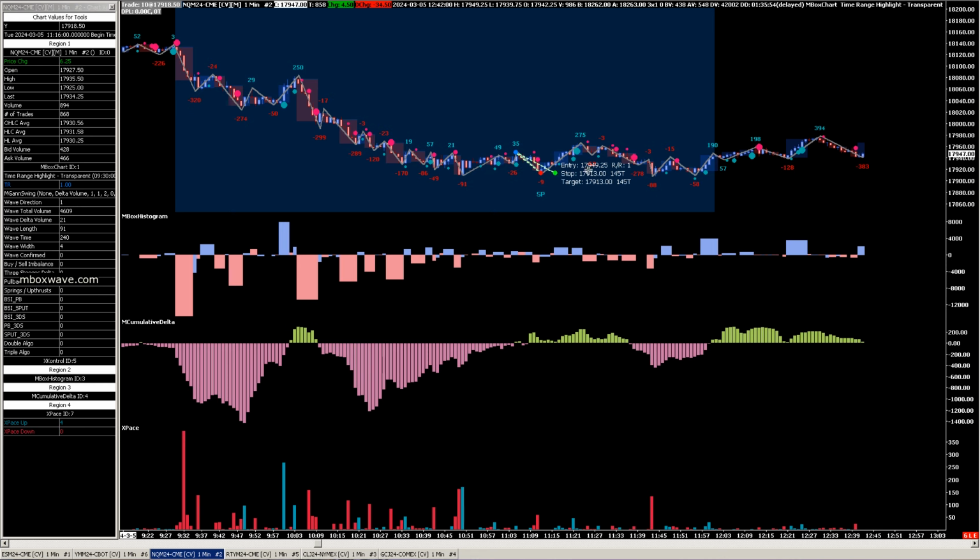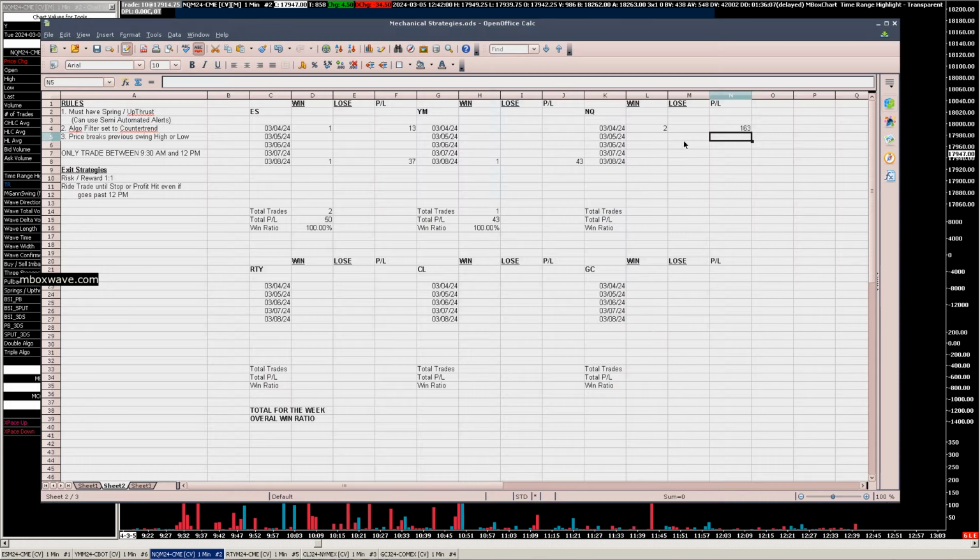Yeah, Nasdaq is a lot more volatile, so the wins and the losses are going to be bigger than, say, S&P and Dow Jones. So for Tuesday, we have a loss of 145 ticks. All right, let's do minus.